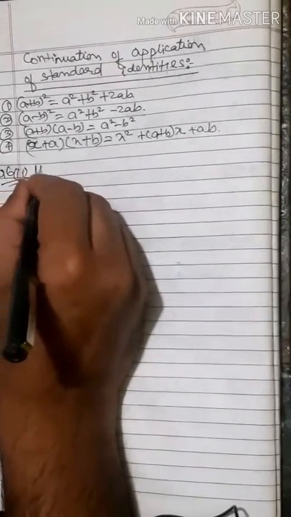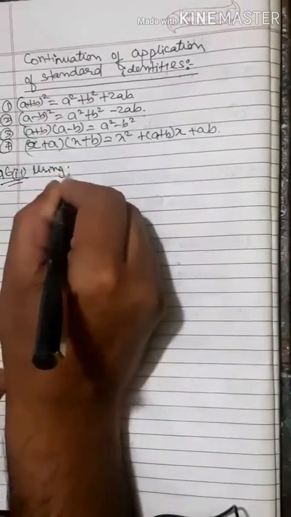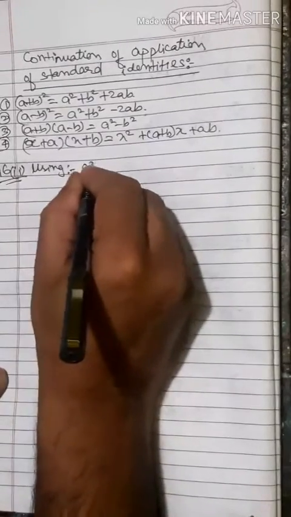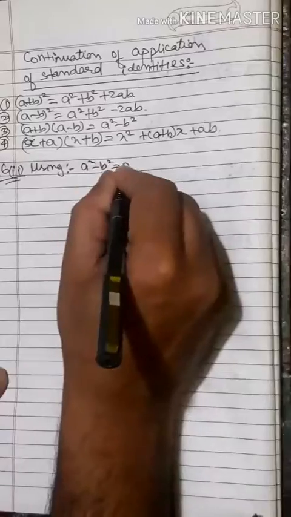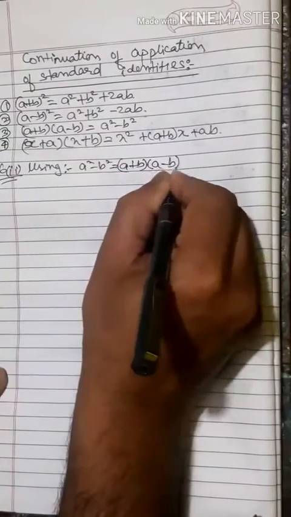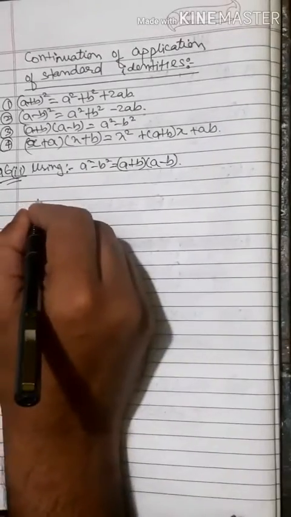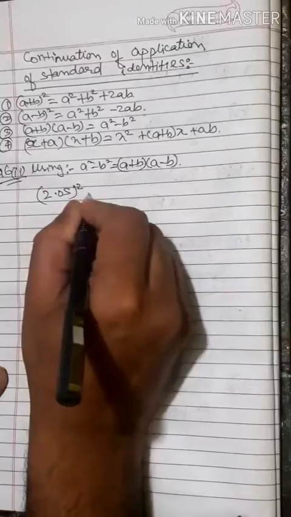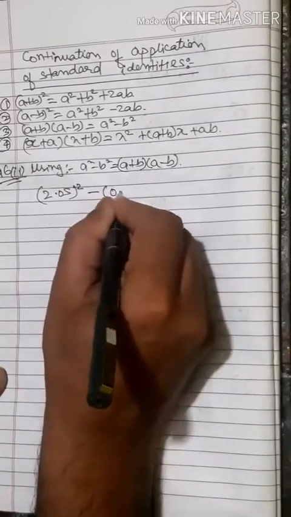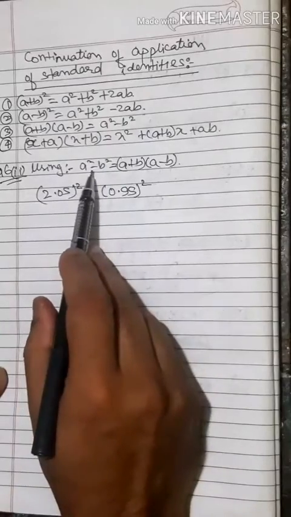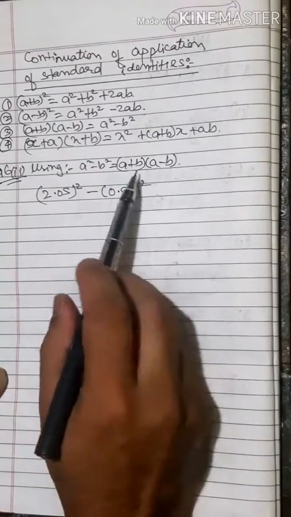That means the question says to use this identity to find the value of 2.05 whole square minus 0.95 whole square.